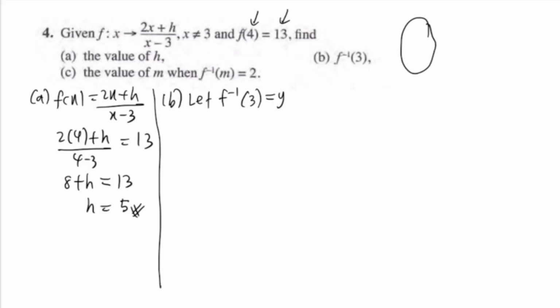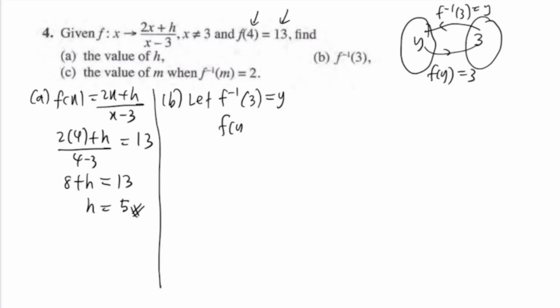So the idea is this: let's say I start from 3, I go backwards, and I end up at y. Now when I start from y, I move forward, I end up at 3. So we can always interchange your object and your image. Your object initially is 3, your image is y. But when you interchange, because you're going in the opposite direction, your object is now y, your image is now 3.